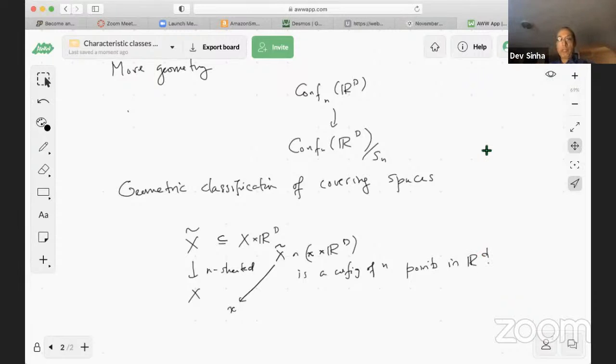So just as we embedded line bundles or more general vector bundles in a trivial vector bundle, we can actually embed covering spaces in a trivial vector bundle.